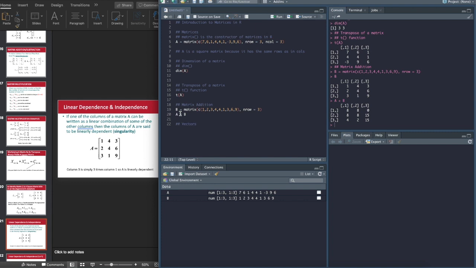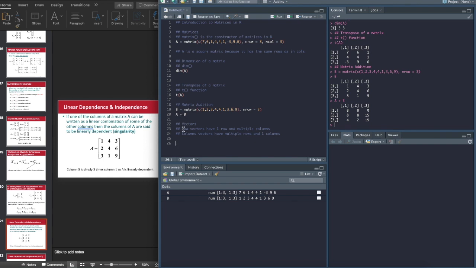Vectors are either row vectors, which have one row and multiple columns, or there are also column vectors, and those are matrices that have multiple rows and one column.